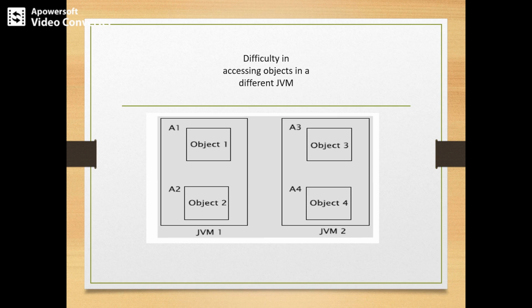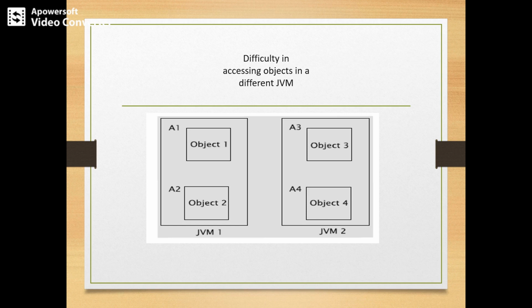So this is the difficulty of accessing an object in a different JVM, because object 3 in JVM 2 is in a different Java virtual machine from object 1 at address A1.